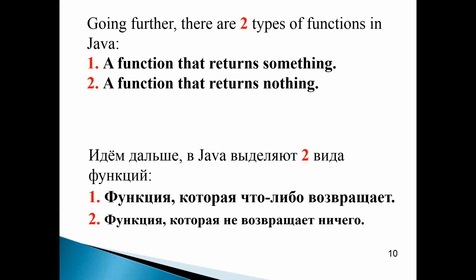Going further, there are two types of functions in Java. The first type, a function that returns something. And the second type, a function that returns nothing.